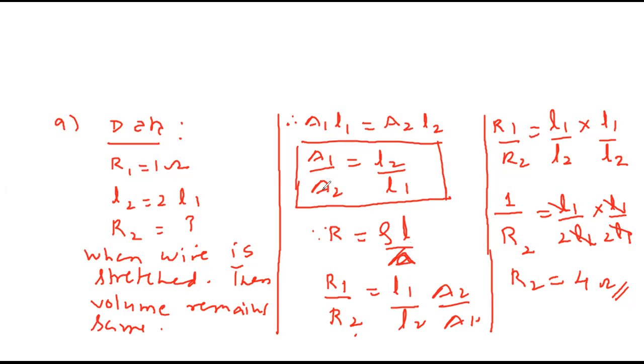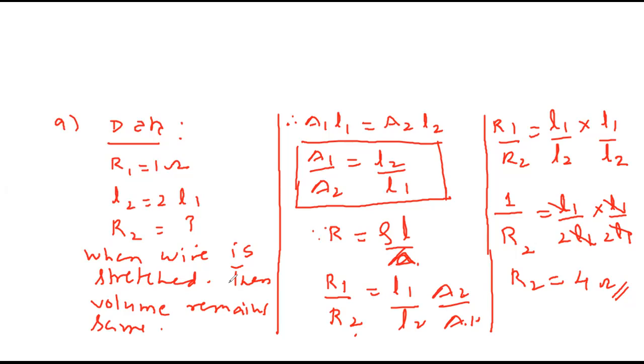But you wrote that only because of this. Area you wrote as L1 upon L2 because this is valid, no? You skipped 4 lines, na? And then you started like this. Length double, area half. That only you use, na? Yes, sir.